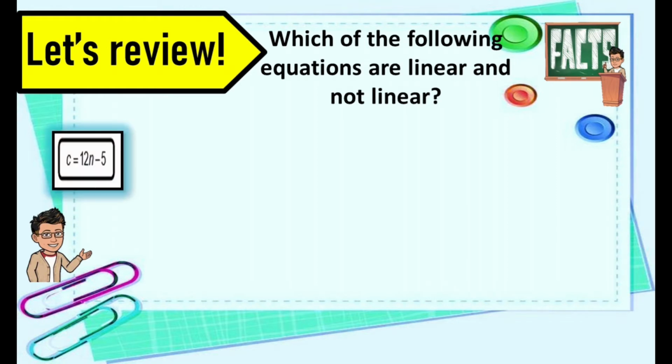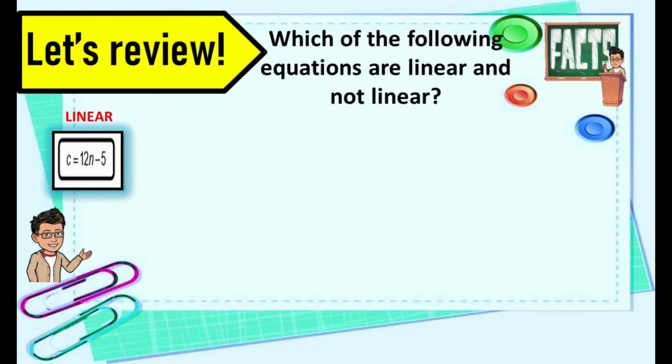Starting with number 1. C is equal to 12n minus 5. Is it linear or not linear? Of course, it is linear because the highest degree in the equation is 1.